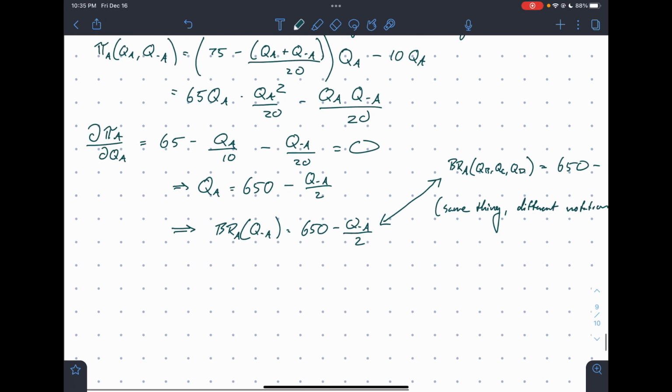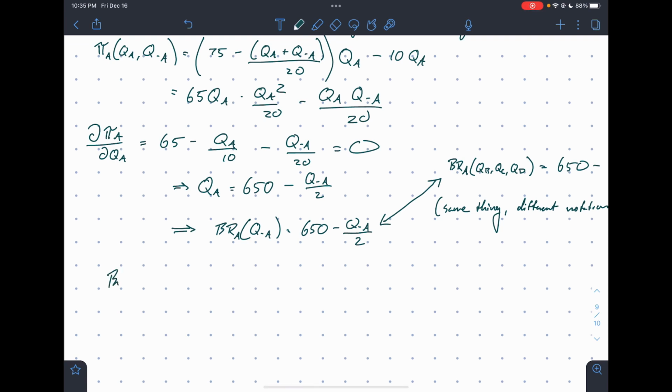Okay, so we could do this for all of the other firms, but I'm just going to claim that the best response functions are going to be exactly the same because firms have the same cost functions and they all face the same price.